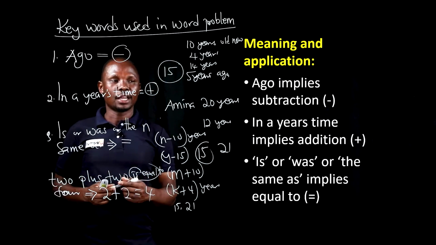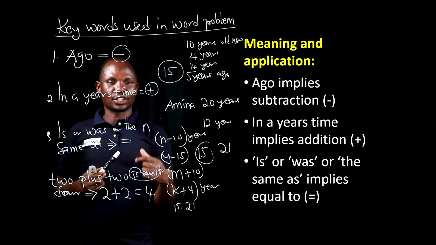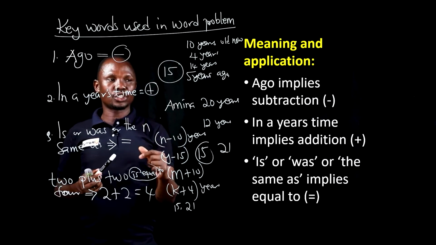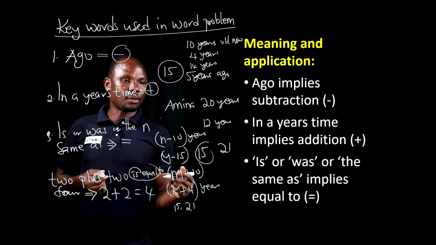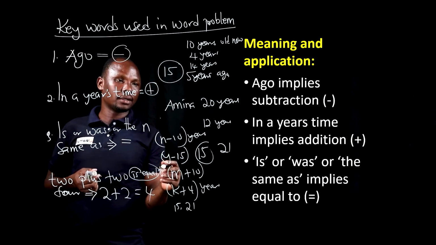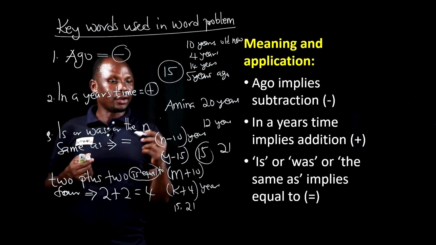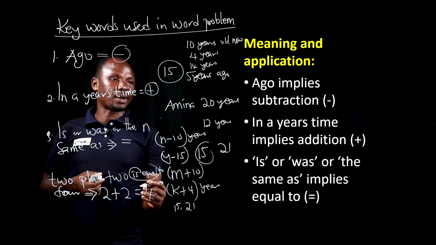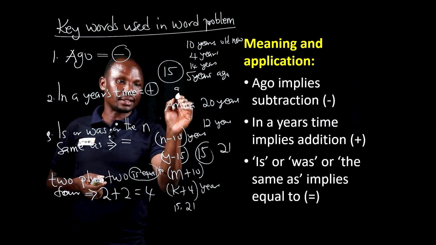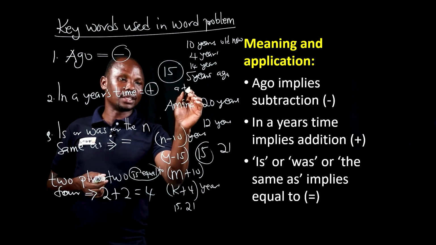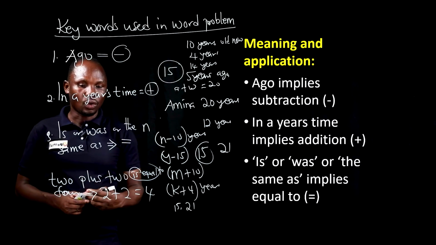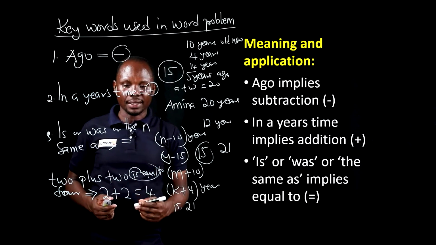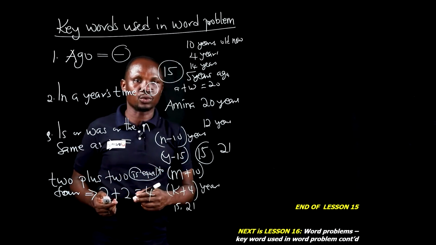It means if you add Dede's age and Tete's age, you will get 20. So if we say the sum of the ages of Amina and Owusu is 20 years, then it implies that if Amina's age is A and Owusu's age is W, then A plus W will give us 20. So is or was or the same as means equal to.